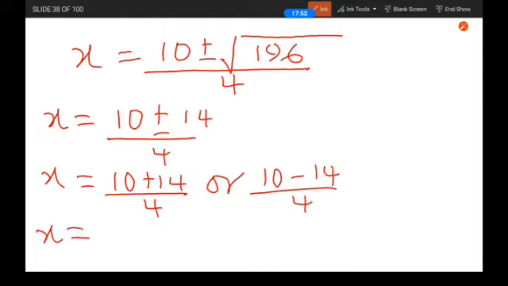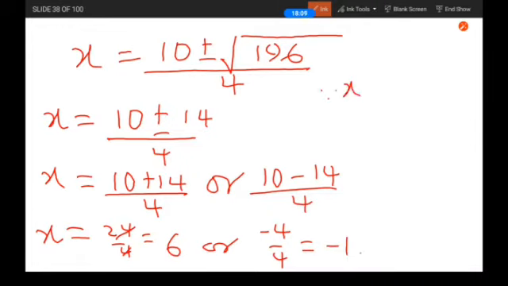So x will be 10 plus 14, that is 24 over 4. And that gives us what? 6. Or 10 minus 14, that is what? Minus 4 over 4. And that is minus 1. Therefore, x equals 6 or minus 1.